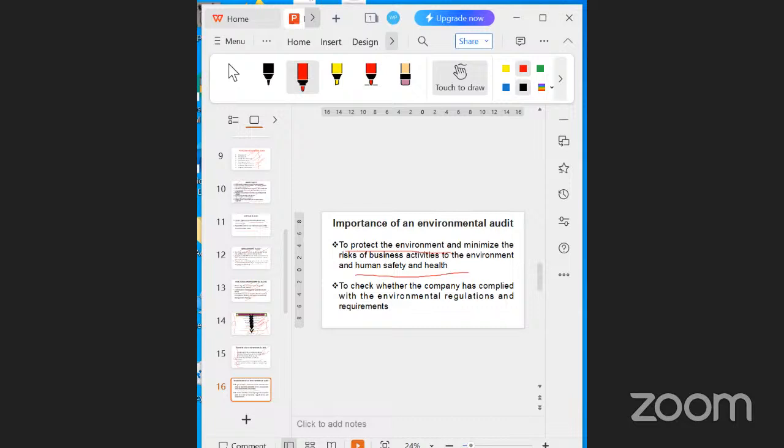Whereas from the company's perspective, it aims to check whether the company has complied with the environmental regulations and requirements and achieved the previously set environmental goals, right?